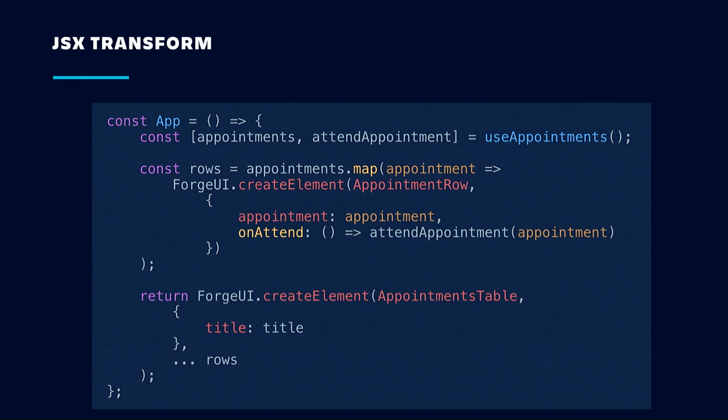So we converged very early on using JSX as the format for our markup for a few key reasons. The first of these being, as you would have seen, it's significantly less verbose than writing the wire format directly. It's also a lot easier and a lot more intuitive to compose a user interface from a combination of components you've written yourself and components provided by us.